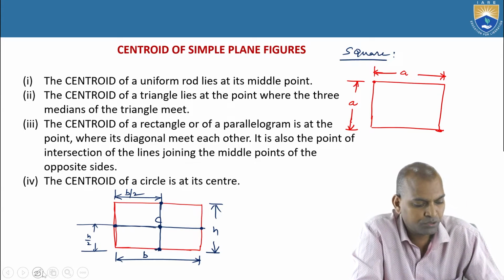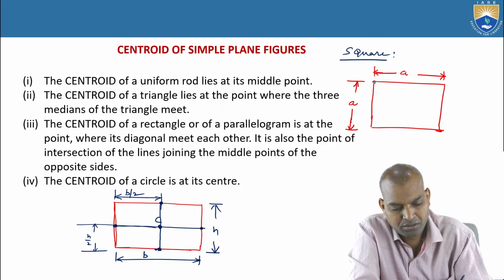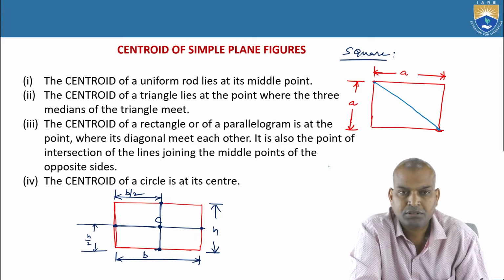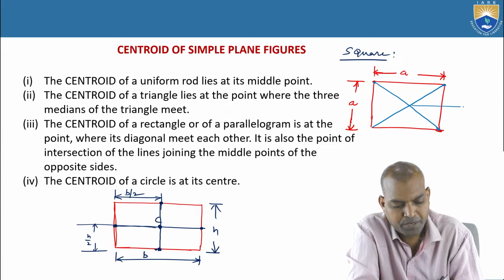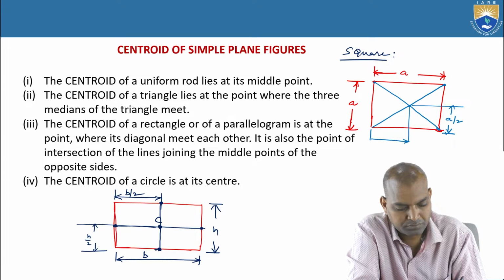So by joining the two diagonals, this is a by 2. And what about this point? Here it is a by 2.